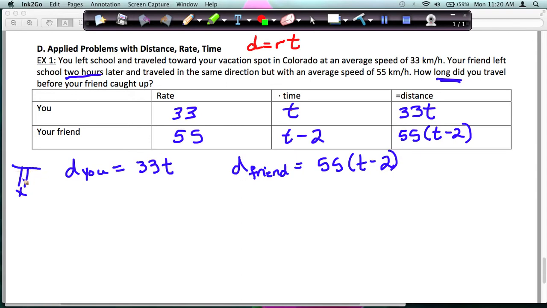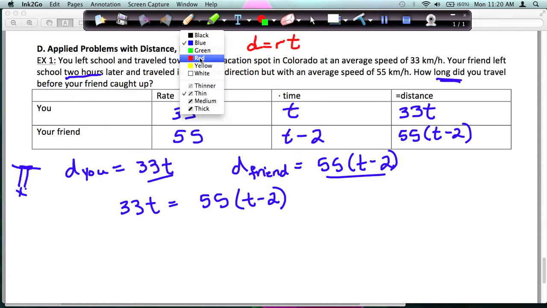So I want to know when we both reach the same spot. What can you tell about the distances when you both reach the same spot? They're the same. So my distance and my friend's distance are the same. That means I can set this distance equal to this distance because I want to know when we've caught up to each other. So that means 33t equals 55 times t minus 2.